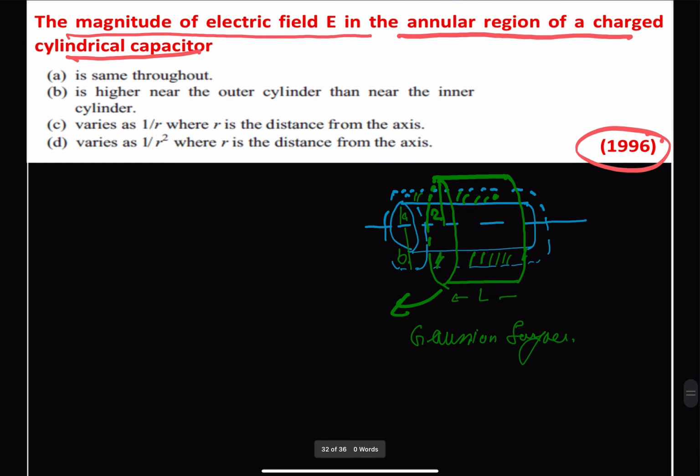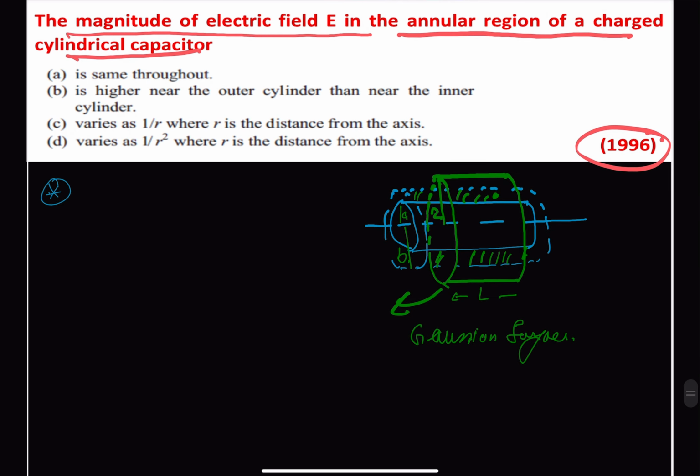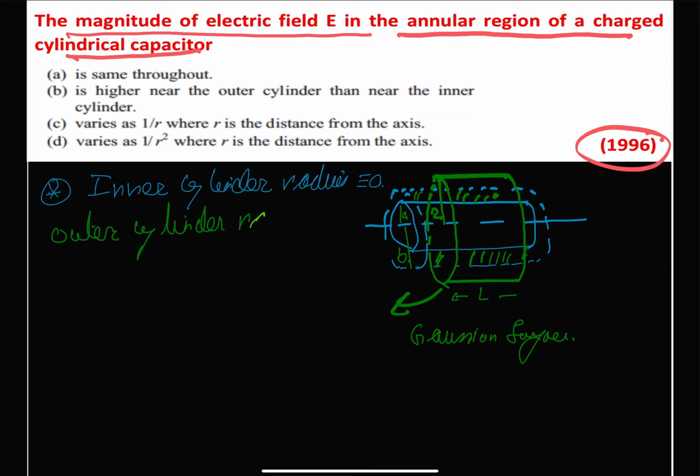We can say that the inner cylinder radius is given as A, and the outer cylinder radius is B, and let us suppose that L is the length of the Gaussian surface, and we are interested in the annular region.